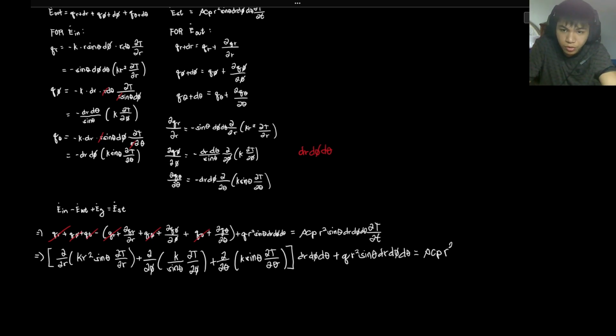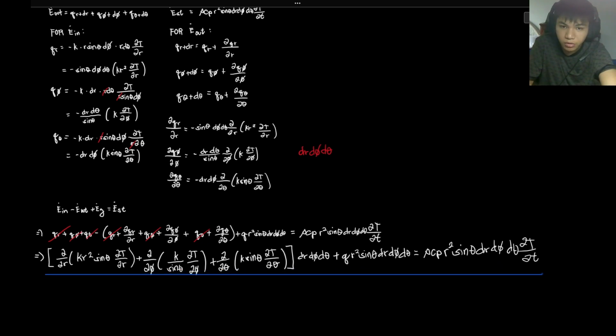Rho Cp r squared sine theta dr d phi d theta, partial derivative of temperature with respect to time. So this is our whole equation. And now what we're going to do is divide the whole equation by, so I'll pick a different color for this one.